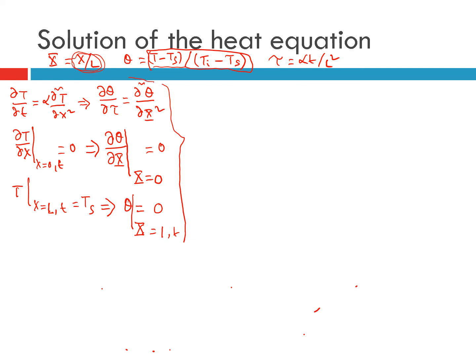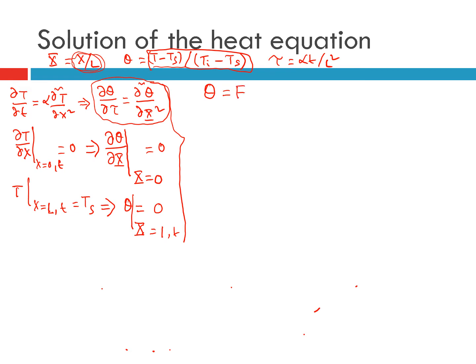So the way this equation is solved is using what's called separation of variables, and we all see that in our first course in partial differential equations, so you all have seen it somewhere. So we say that theta is made up of two separate functions, one in position only and the other one in time only.